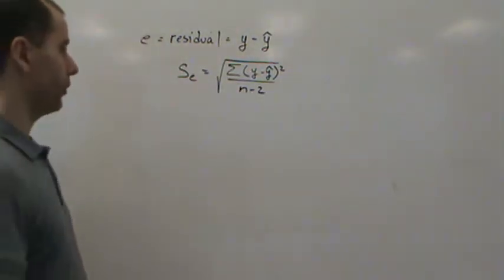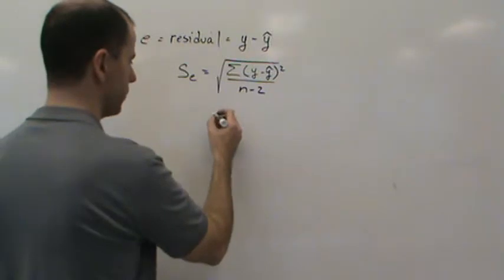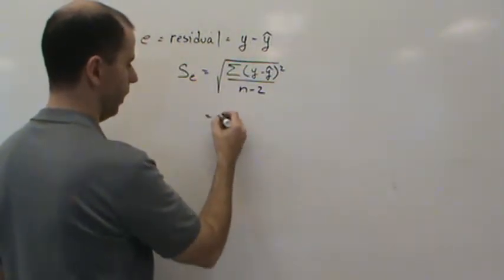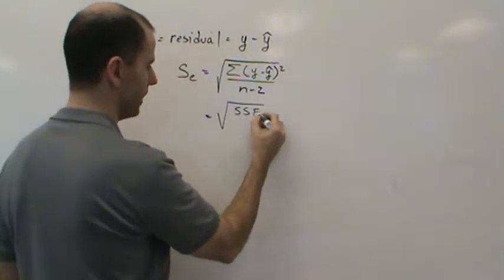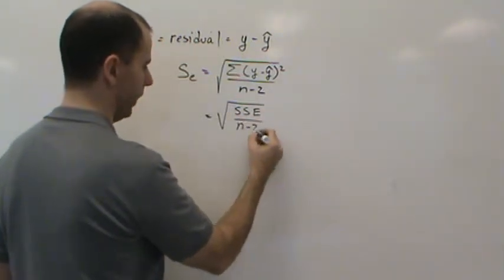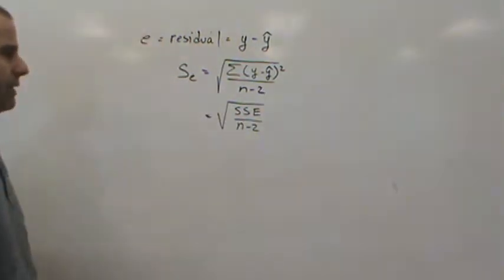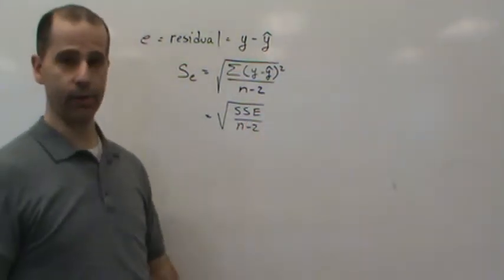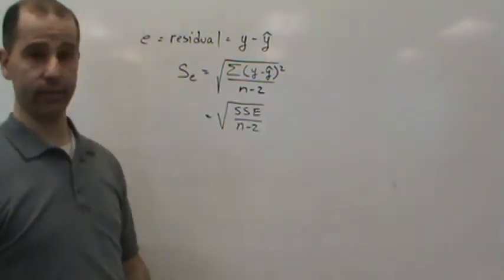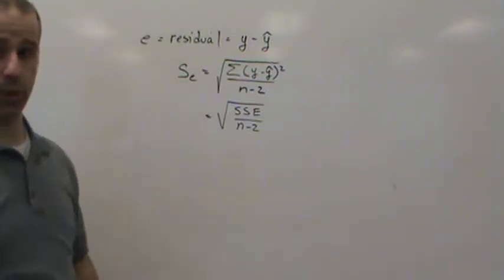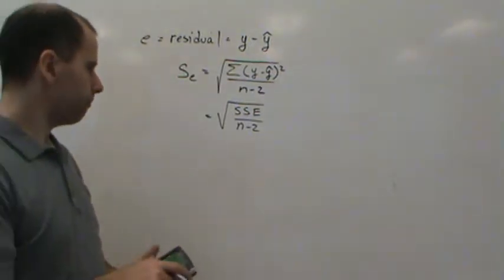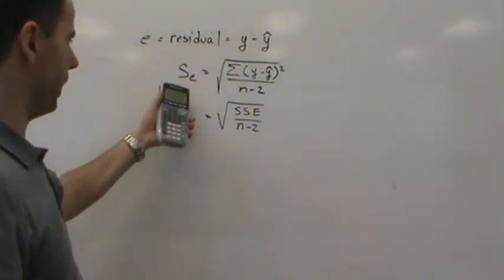Okay, so this is the standard deviation for the errors, and it's also the square root of what we call SSE over n minus 2. SSE is the sum of squared errors, right? That's the sum of all the squared residuals.